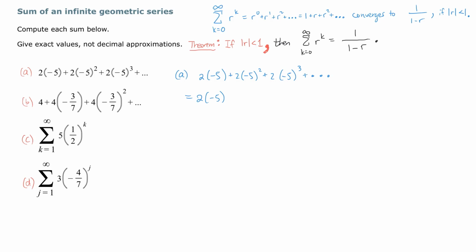Let's see what is left. We have a 1 plus a negative 5, right? If you distribute, you're going to see that you have 1 plus negative 5 plus another negative 5 squared. So we're just simply taking your factoring skills and seeing that there is a nice geometric series here.